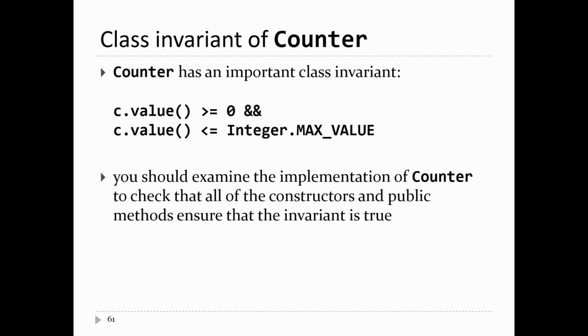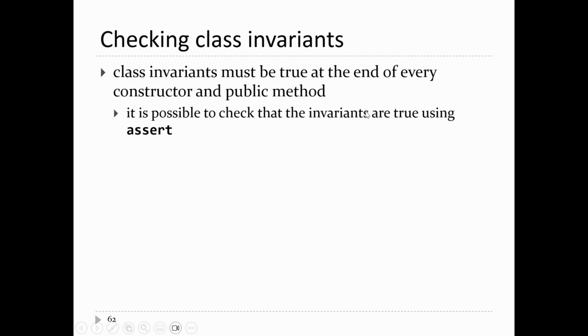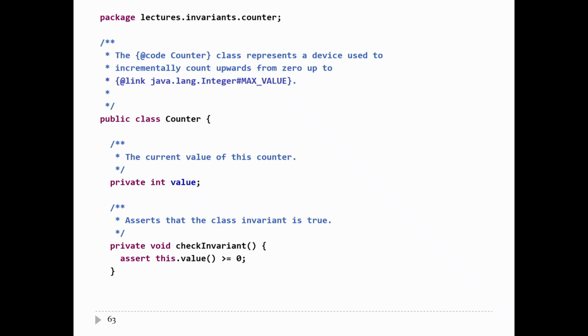And for this particular counter, the value is always less than or equal to Integer.MAX_VALUE. If you look through the counter code, you can see that this invariant is always true.